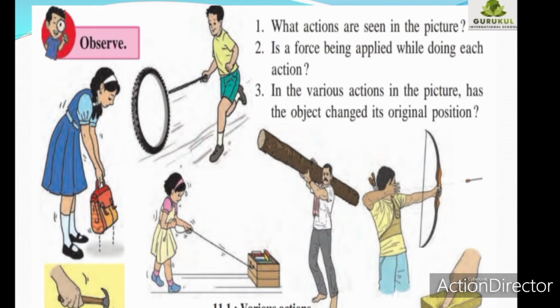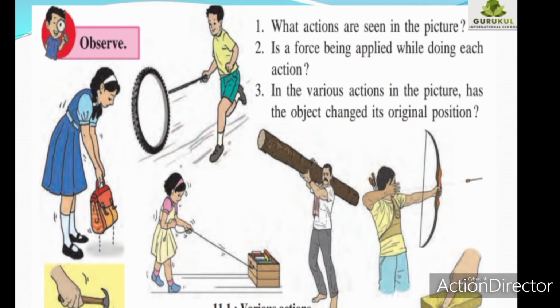In the next picture, you can see one girl is pulling a box which is filled with books. In the next picture, you can see that by using a hammer, we are hammering a nail. Then in the next picture, you can see a man is lifting a heavy wooden log, correct? Then next, you can see the archer.